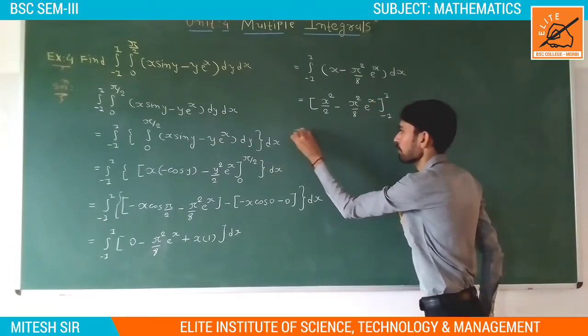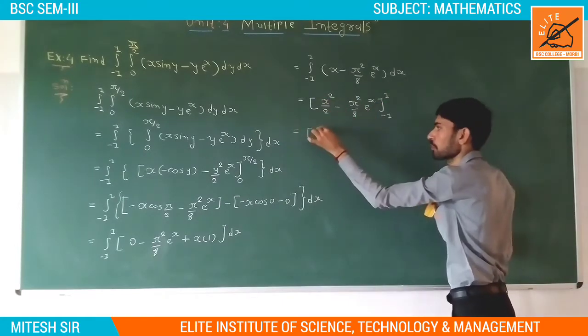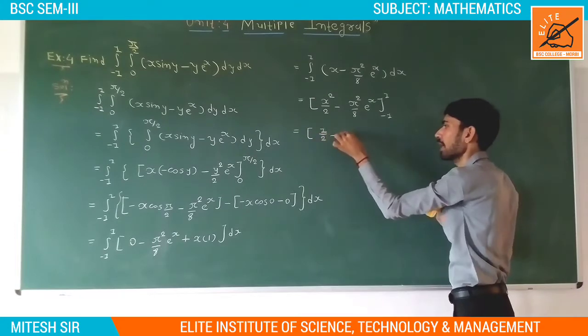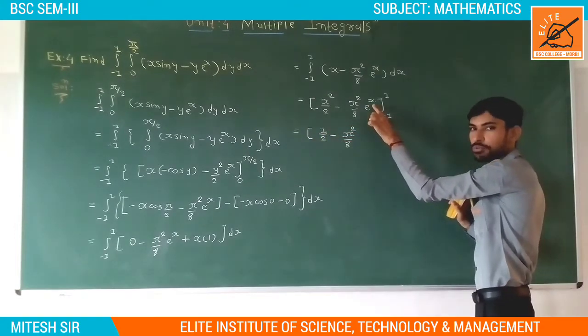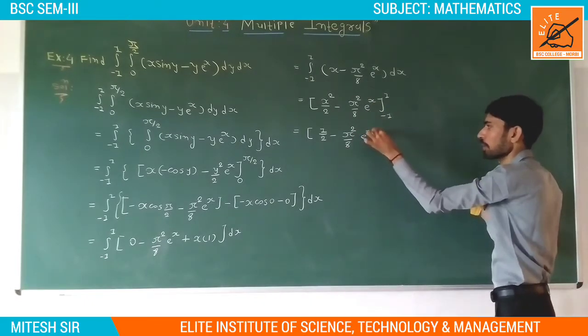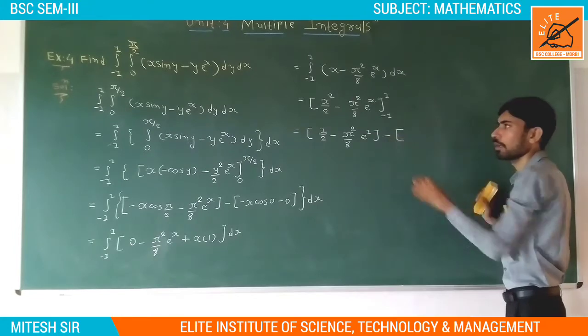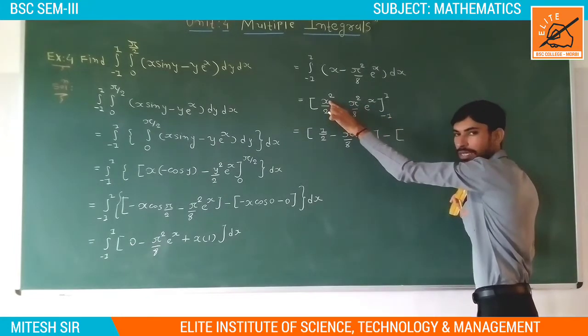First of all, we apply the upper limit, which is 1. So 1 squared is 1. So the first term is 1 by 2 minus pi square by 8 as it is. Friends, in place of x we substitute 1, so it becomes e raised to 1. So that is the upper limit. Now minus, we apply the lower limit in place of x. Friends, the square of minus 1 becomes plus 1.